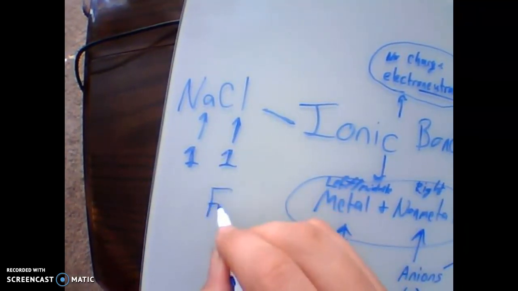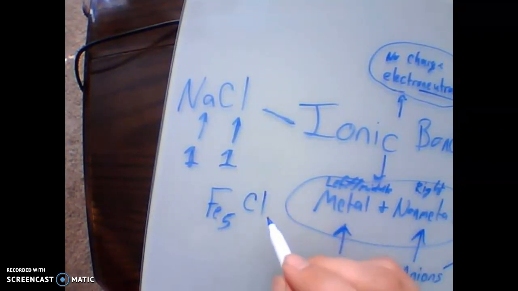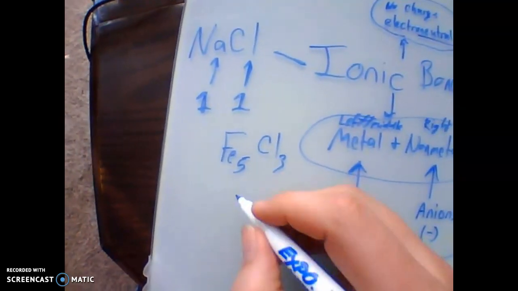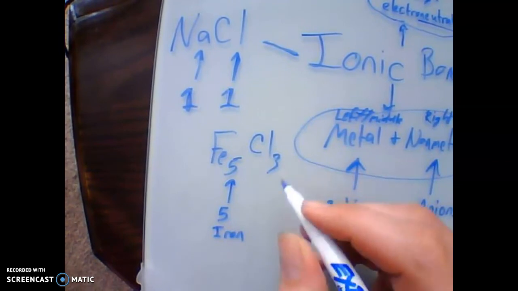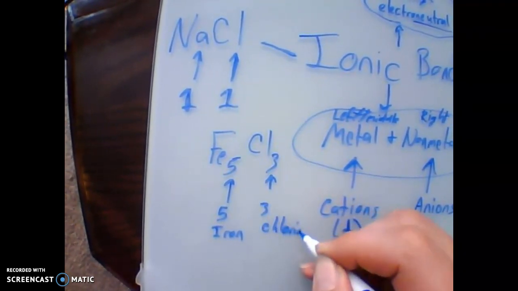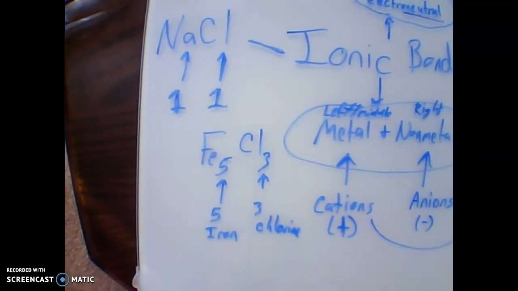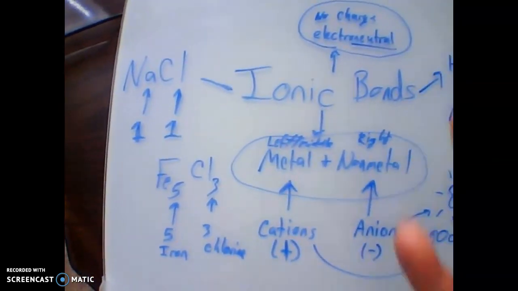If it was like iron 5 chloride 3, no, that is not a real compound, but it will serve my purposes, we are saying we have 5 irons and 3 chlorines. That does come into account when we're doing the polyatomic naming and naming in general, but as far as this is concerned, that's the main thing about ionic bonds.